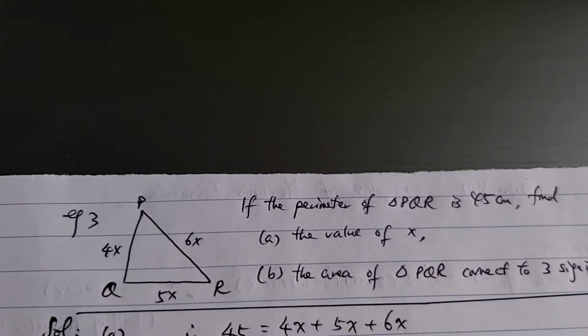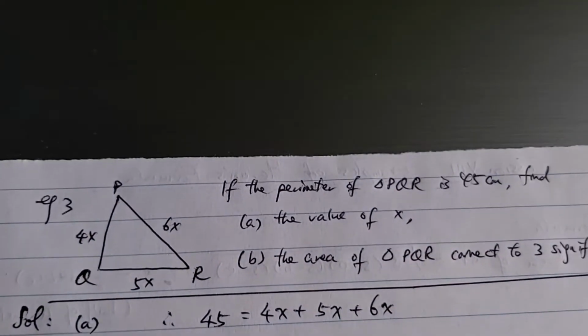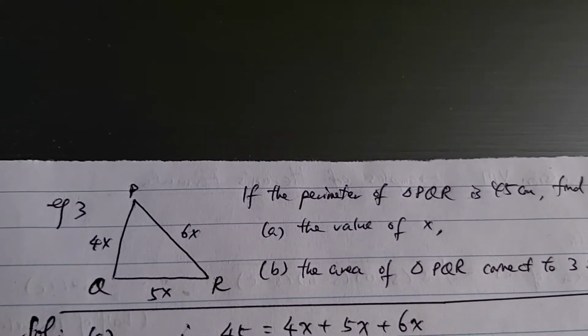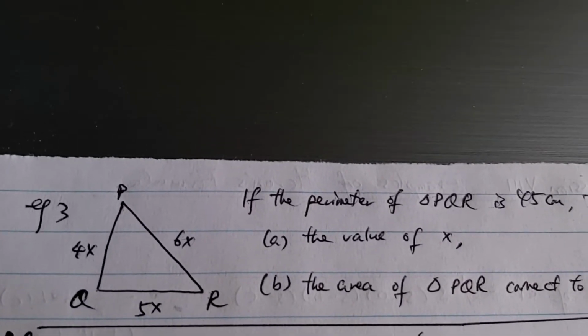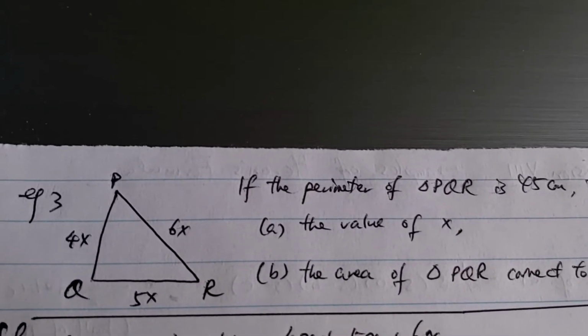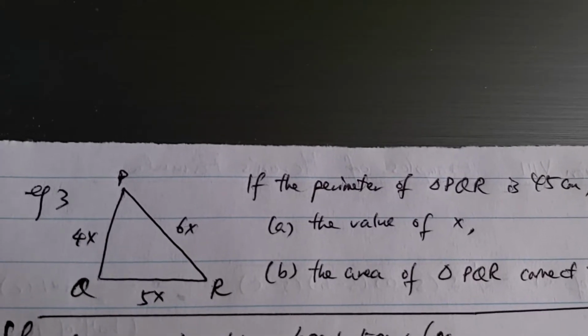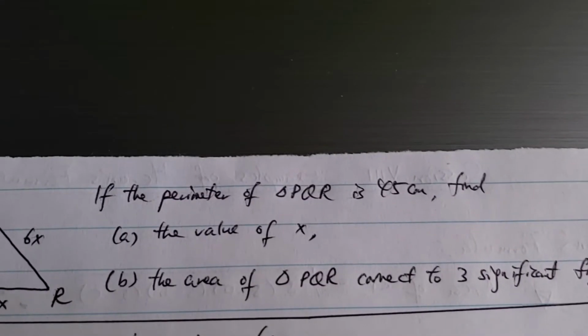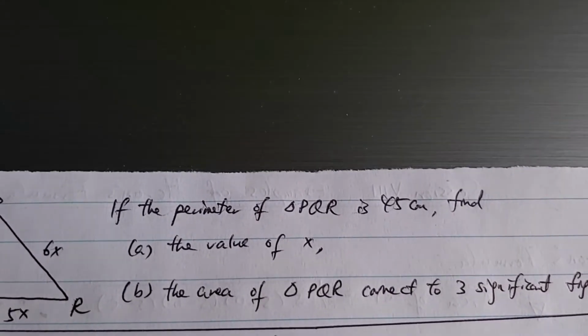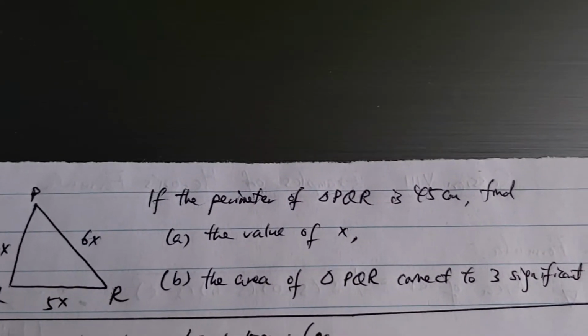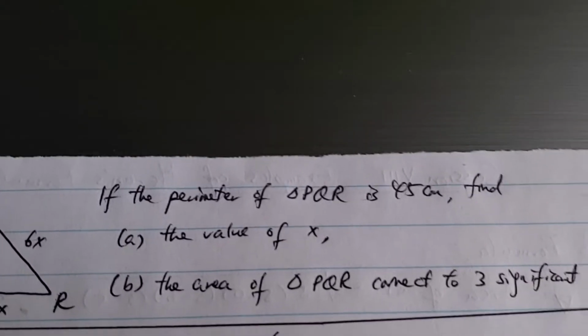Okay, we go to the third example. You are given a triangle PQR. The sides are given but with unknowns, which are 4x, 5x, and 6x. Obviously, x is positive. If the perimeter of this triangle is 45 cm, that means the sum of all the sides is 45 cm.